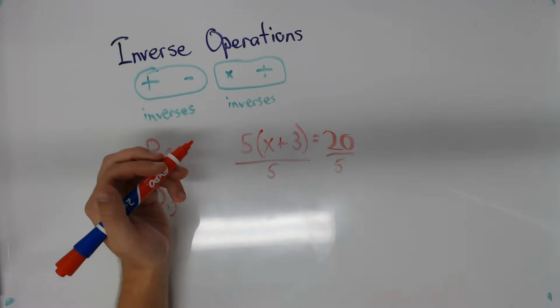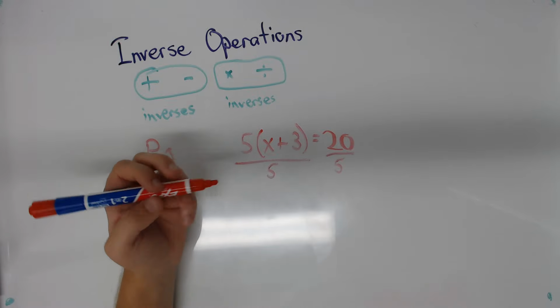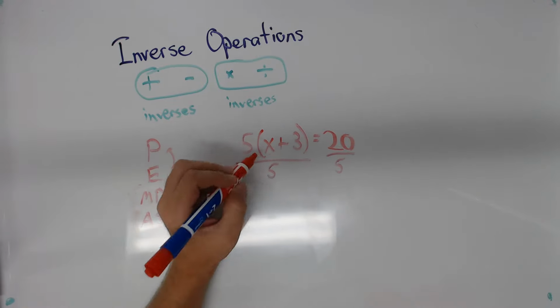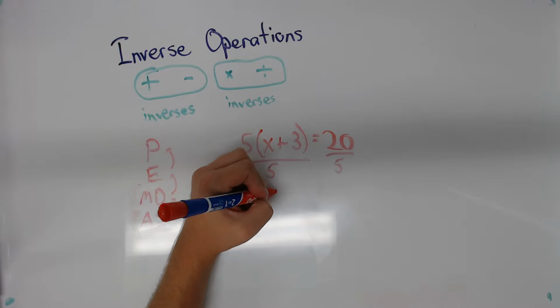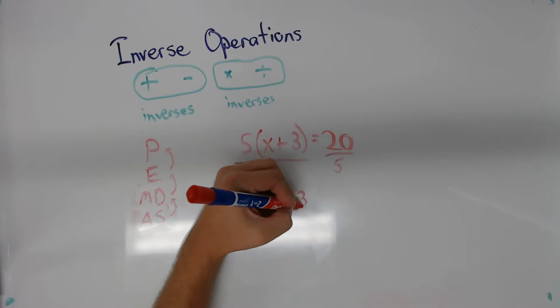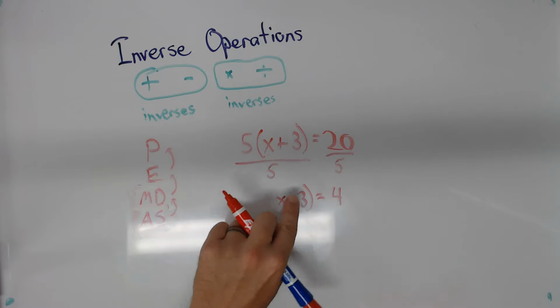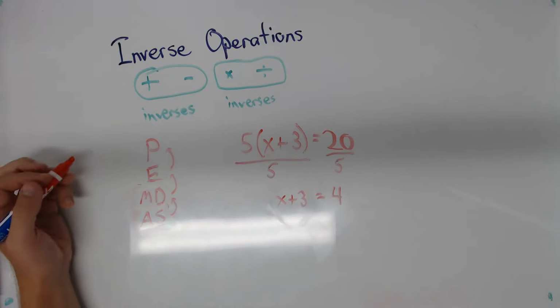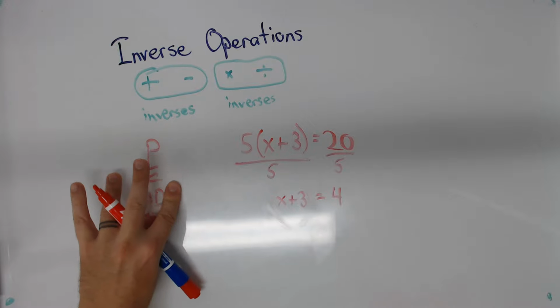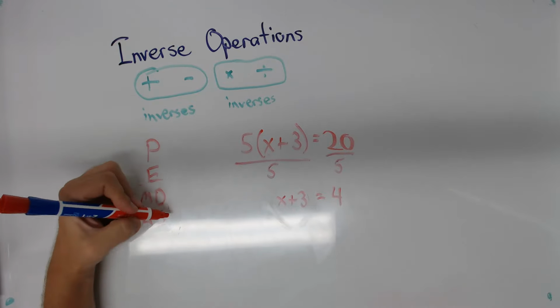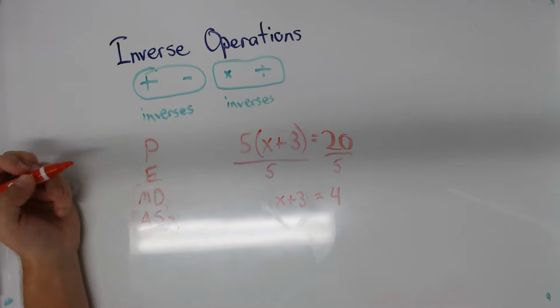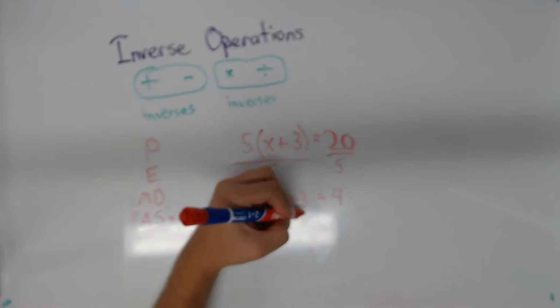Some of you might be more comfortable using the distributive property. That's fine, but here I'm going to divide by 5. Now x plus 3 does not have anything around the parentheses, so I can just get rid of those. Now we look backwards, now that our parentheses opened up, at our order of operations. Is there anything easy to add or subtract? Yes.